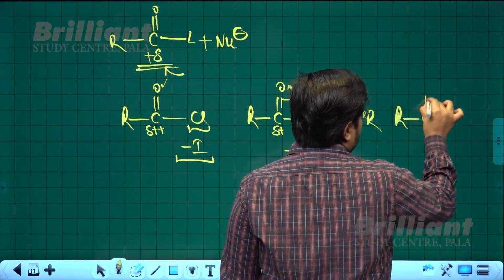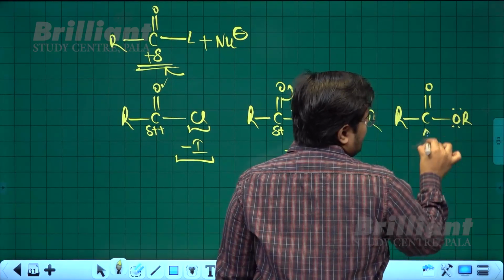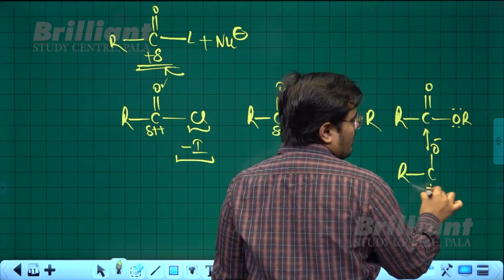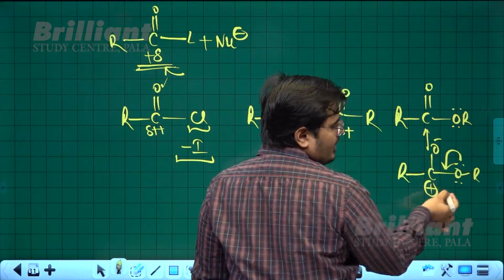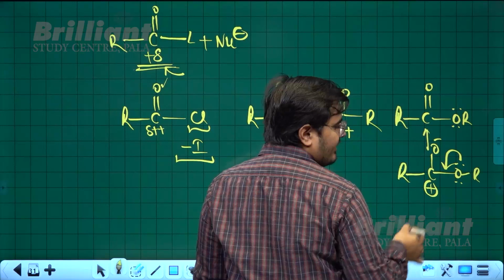Because in esters we know the positive charge that this oxygen puts on the carbonyl carbon will be neutralized by the plus M effect of oxygen.